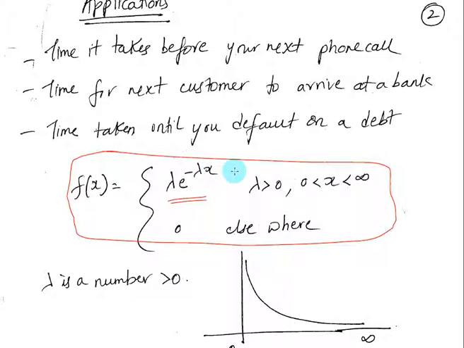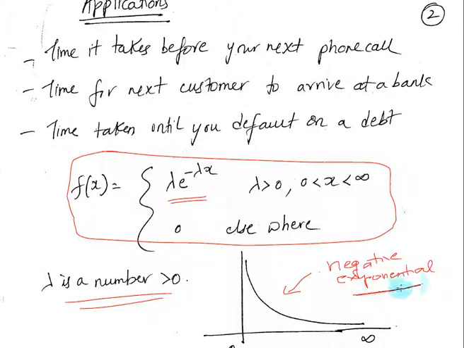Lambda can be a rate of any event happening or not happening, and lambda is usually a number which is strictly greater than 0, and this is also generally known as a negative exponential distribution. It's also called a negative exponential, but we usually just call it the exponential distribution, and it has a density function that only exists in the positive space between 0 and infinity, and it is 0 everywhere else.